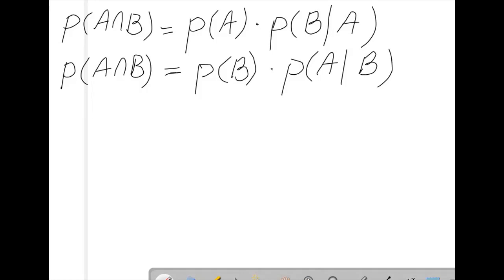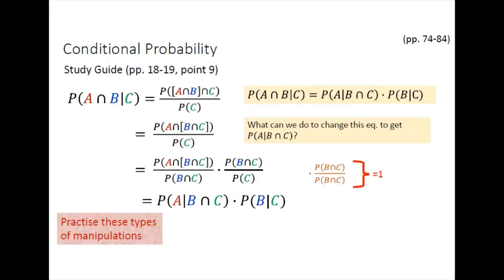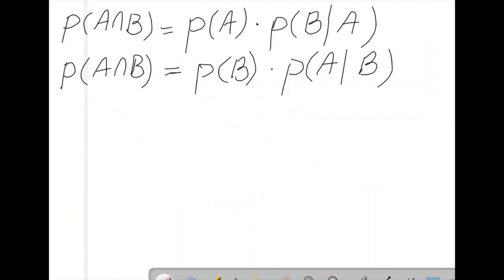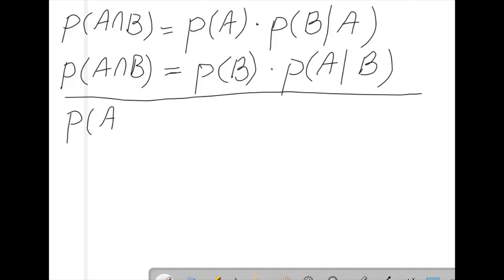But now we want to calculate the probability of A and B, given that C, by using multiplication rule.